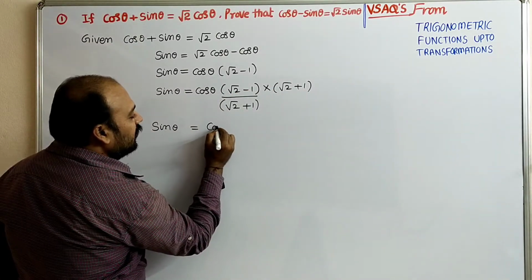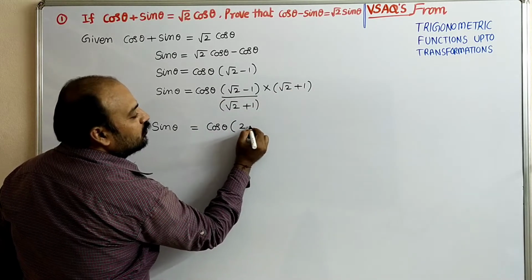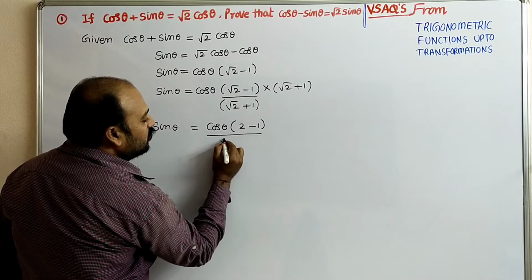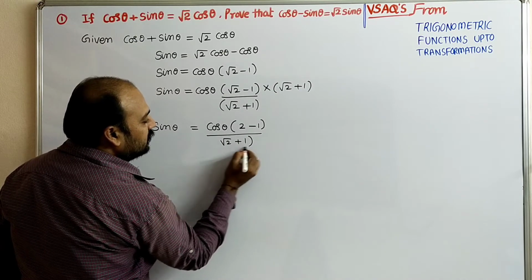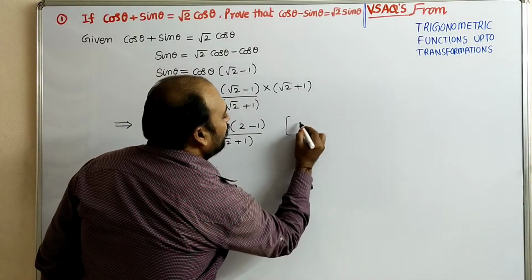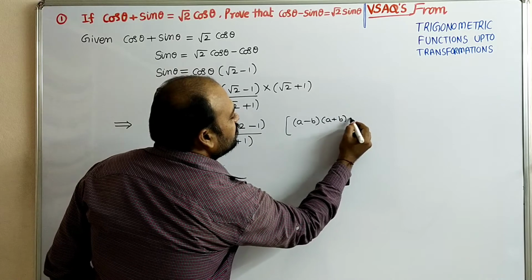So cos theta into root 2 whole square, that is 2, minus 1 square, 1, divided by root 2 plus 1. 2 minus 1 is 1. Here we are applying a minus b into a plus b, the a square minus b square formula.